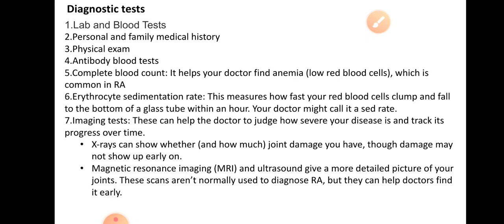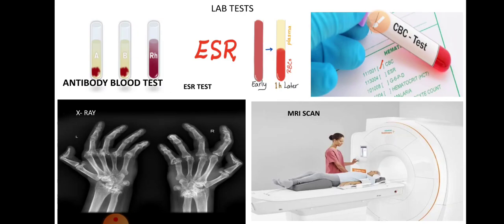These scans are not normally used to diagnose RA, but they can help doctors to find it early. So these are the different types of diagnostic tests to detect rheumatoid arthritis. Again, I have the pictures for each one: antibody blood test, ESR test, CBC test, X-ray and MRI.